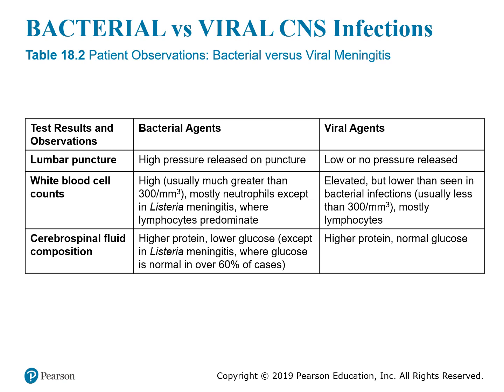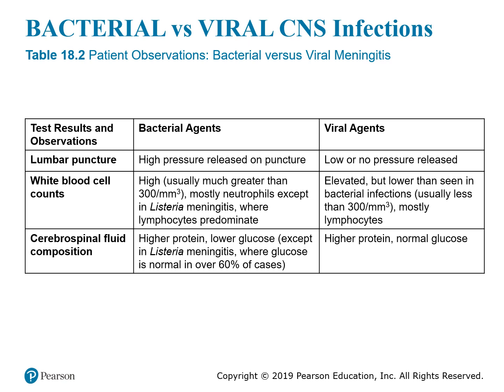A patient coming in with just symptoms is not always going to tell you what the patient is infected with if you're suspecting some sort of meningitis. So doing a spinal tap to get that spinal fluid, some of the things that you're looking for would be a high pressure release upon puncture for bacterial versus a low or no pressure release from viral.